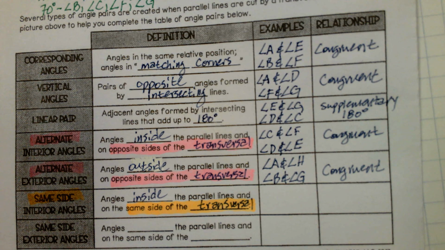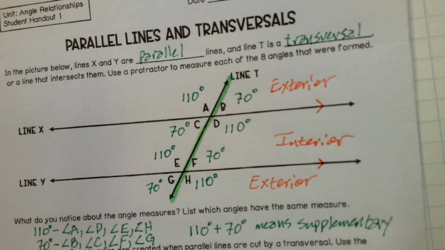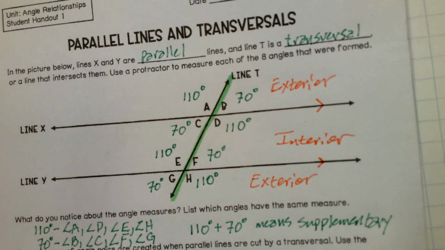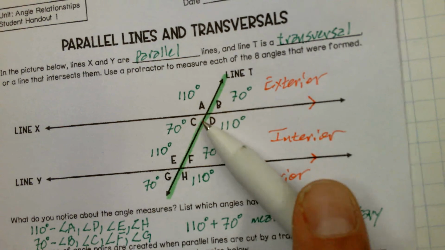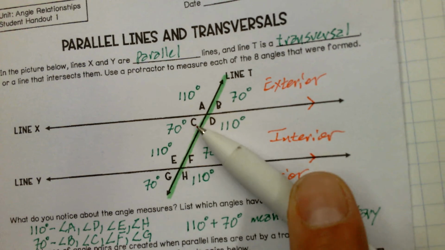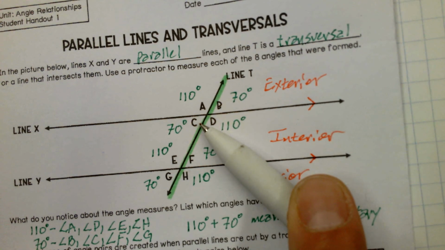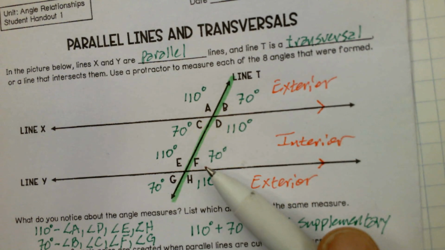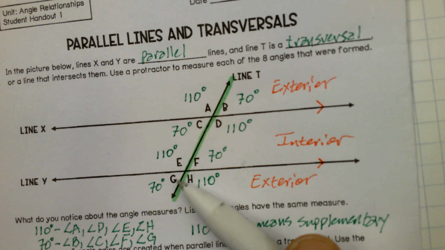So let's look at the angles that are same side, interior. So they're the inside angles, they're in the water, and they're on the same side. So which angle is on the same side of this transversal, also on the inside to C? G? Well, G's on the outside.